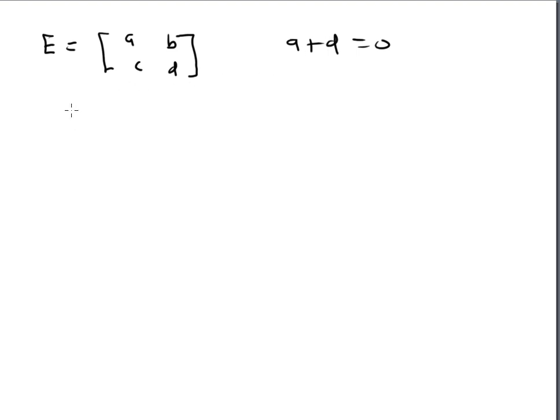Now, we are told that E squared is equal to lambda times our identity matrix. So now let's find E squared.